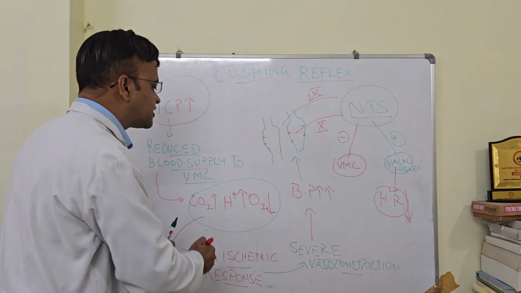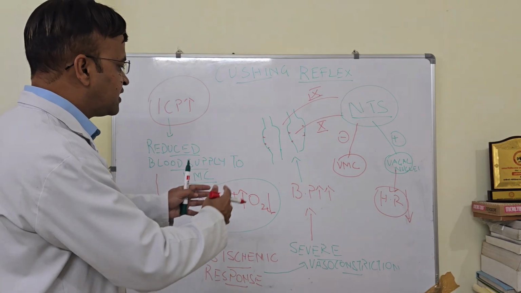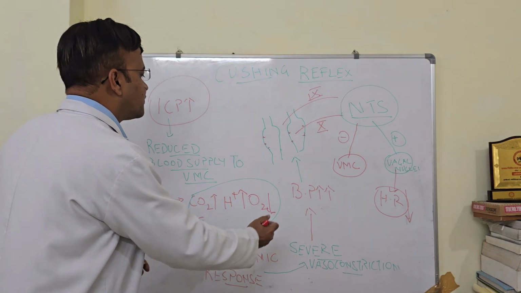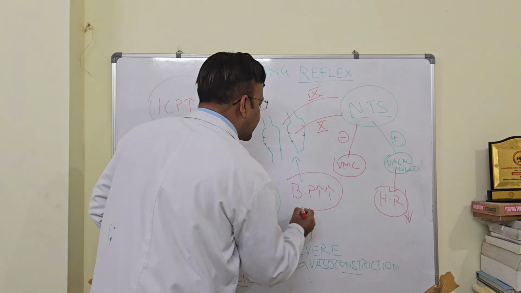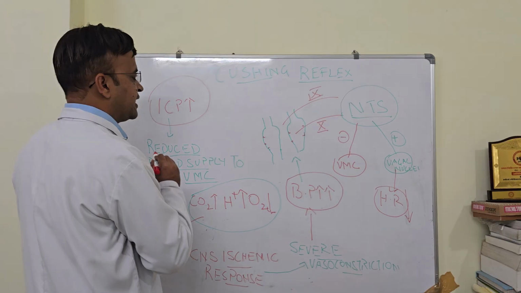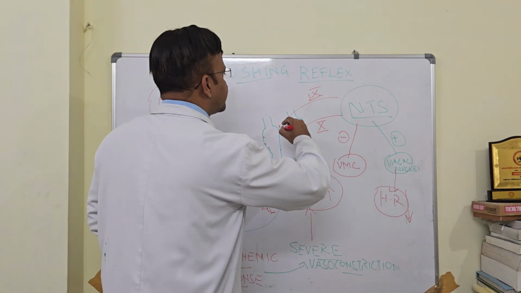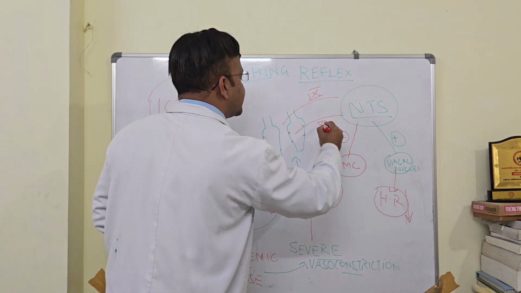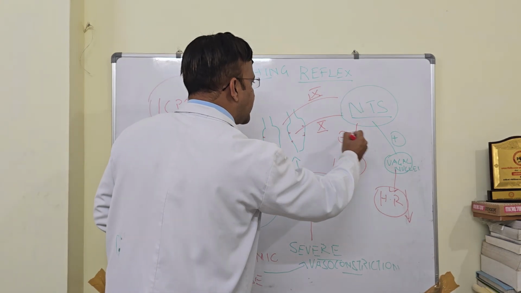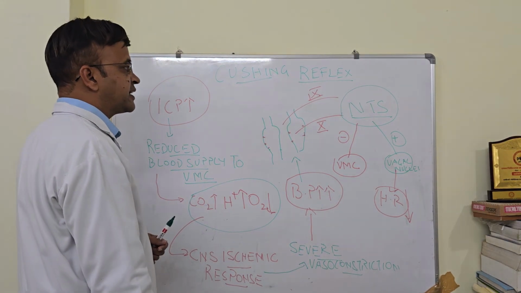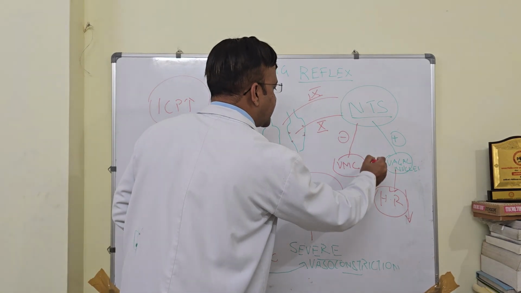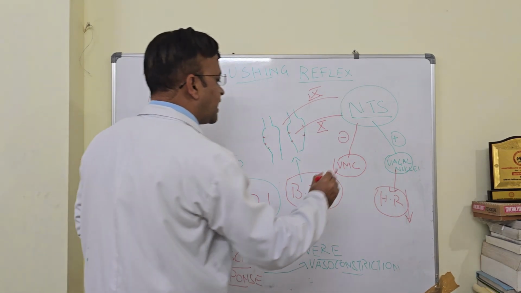This will lead to CNS ischemic response, which will further lead to severe vasoconstriction, which will further lead to increase in blood pressure, right? This increase in blood pressure will lead to increased firing rate in these 2 nerves, 9th and 10th cranial nerve, which is going to stimulate the nucleus tractus solitarius. This nucleus tractus solitarius is going to stimulate vagal nuclei, which will reduce the heart rate.